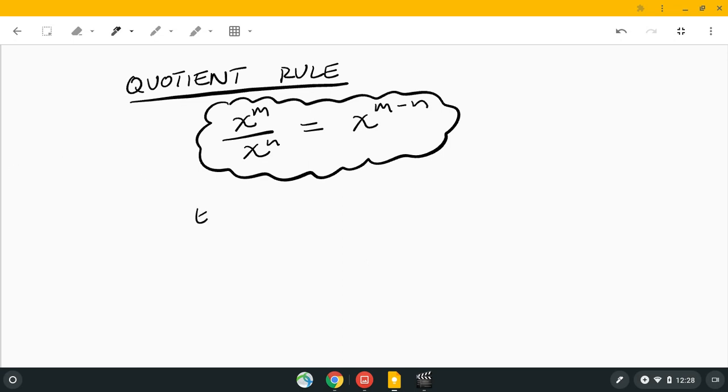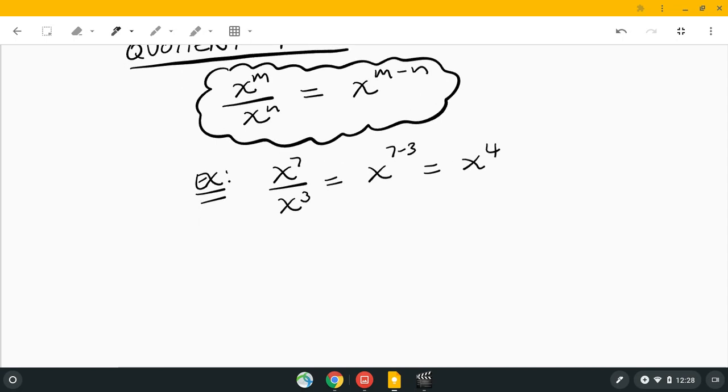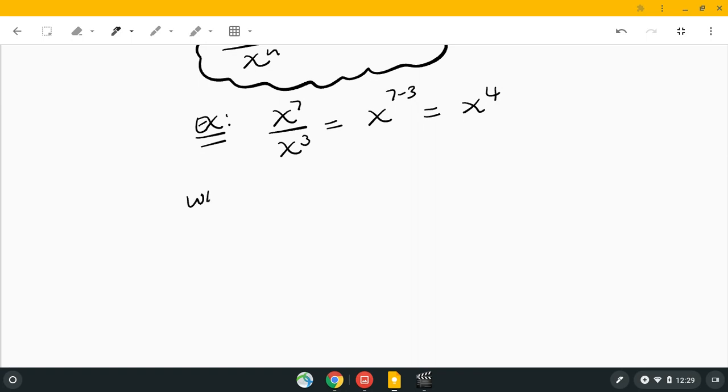So here, let's take a look at an example. If you have x to the 7th and x to the 3rd, then according to this rule, we can subtract the exponents, and we would get x to the 4th. Okay, let's take a look at why that is. So if we have x to the 7th over x to the 3rd, x to the 7th means this: 3, 4, 5, 6, 7.